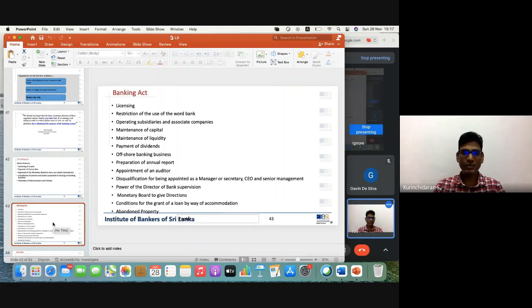That means fit and proper. And the power of the Director of Bank Supervision and the Monetary Board to give directions, conditions for the grant of loans by way of accommodation, abandoned property.